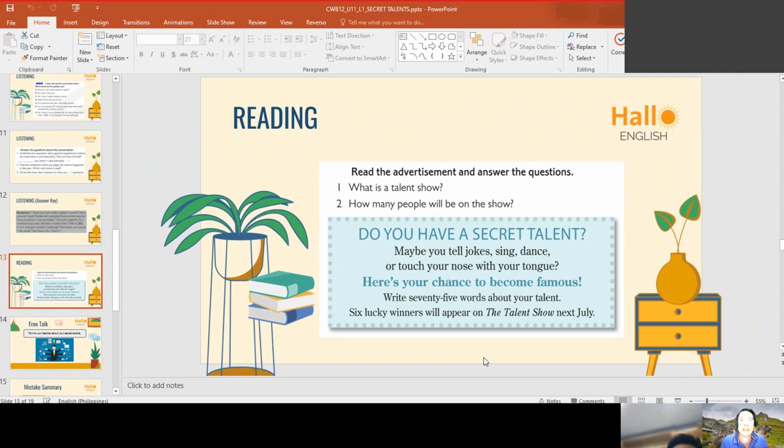Or maybe a talent that you can touch your nose with your tongue, right? So if you are going to stick out your tongue and then you can touch your nose, okay? So that is what we call a talent show. Next, how many people will be on the show? So how many people will be on the show?